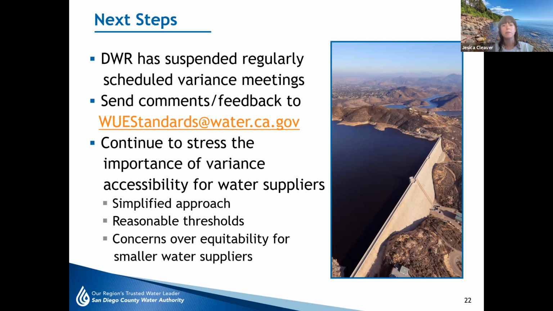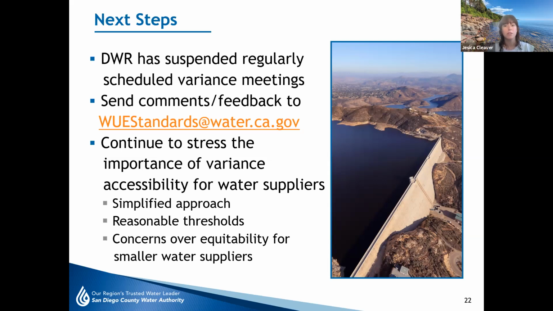In the meantime, some of the messages that we can continue to share is to stress the importance of accessibility for these variances for water suppliers, maintaining a simplified approach, and also reasonable thresholds. I'm sure some of you noticed that some of the thresholds here are quite high.